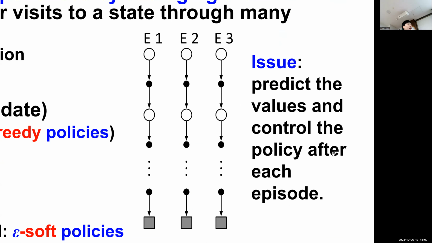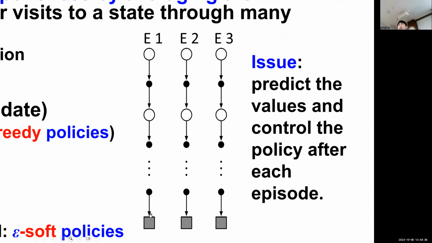If you look at this tree diagram, or backup diagram, you see that each episode, when we run the algorithm, we start from the beginning and go to the terminal state. So we can only update those particular states when this episode ends, right?